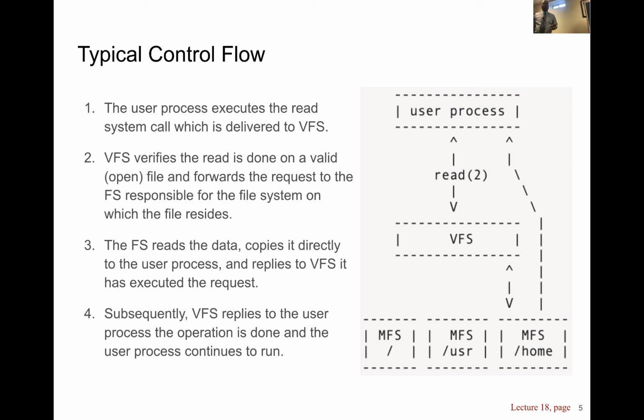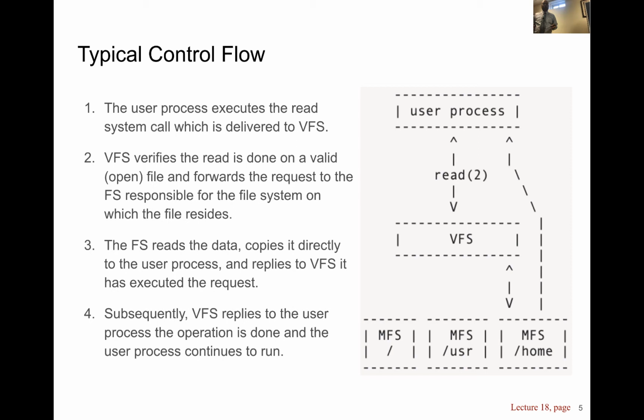So as is shown, you have a user process that issues a read system call, and that read system call is going to arrive at the VFS process, which in Minix is implementing our VFS switch functionality. And in this case, let's say it is a read to a Minix file system. So it is going to take that read request and then forward it to one of the Minix file server processes.